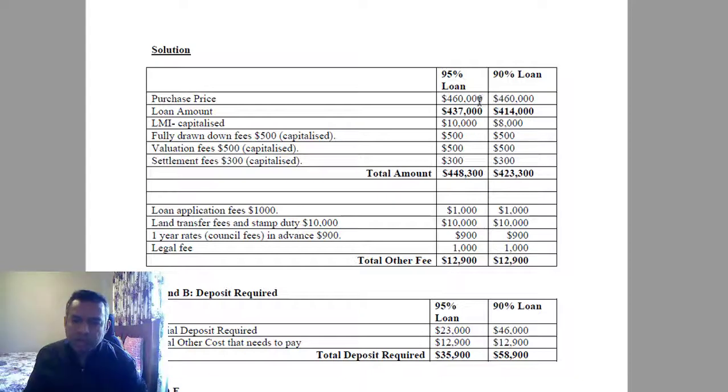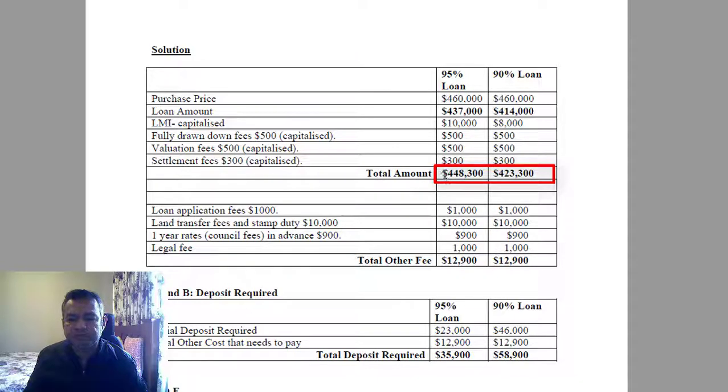So if you add all these values, you will find the total amount is $448,300 for the 95% loan amount and $423,300 for the 90% loan amount. And this is the amount actually required for us to calculate the monthly installment.